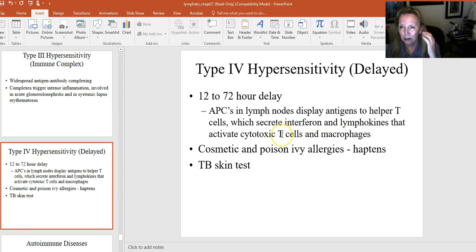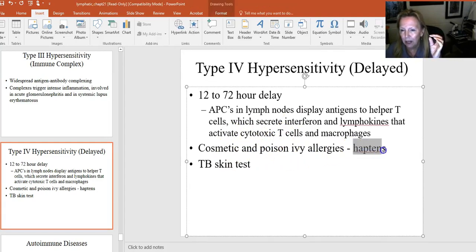Sometimes people react to latex, to powders, to cosmetics, to whatever. It causes a delayed reaction. This involves what are called haptens, which are actually molecules that don't really act so much as allergens by themselves. They're too small to cause that kind of response by themselves.